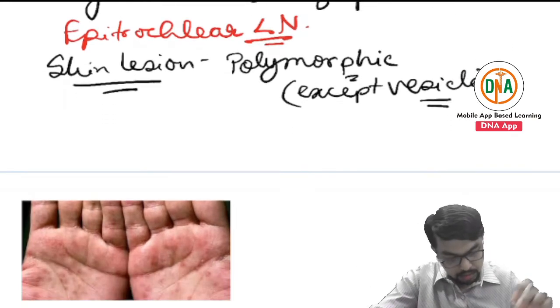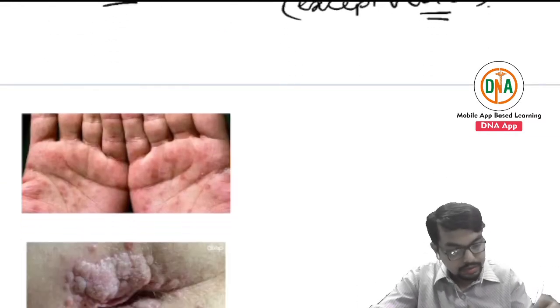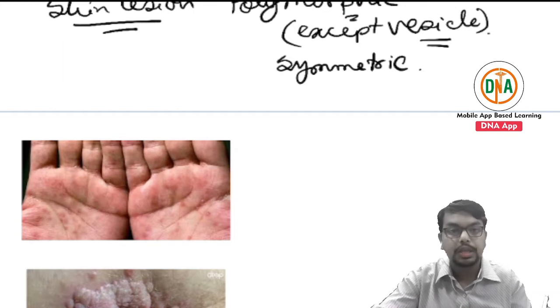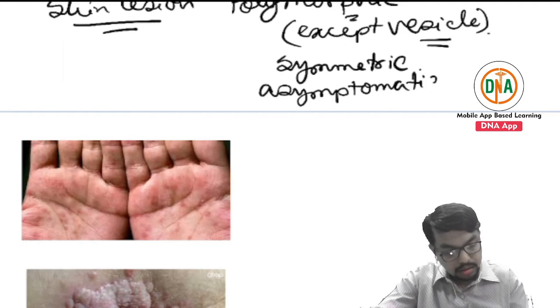Now, what are the characteristic features of skin lesions of secondary syphilis? They are symmetric in nature. They are asymptomatic. Palms and soles are involved.